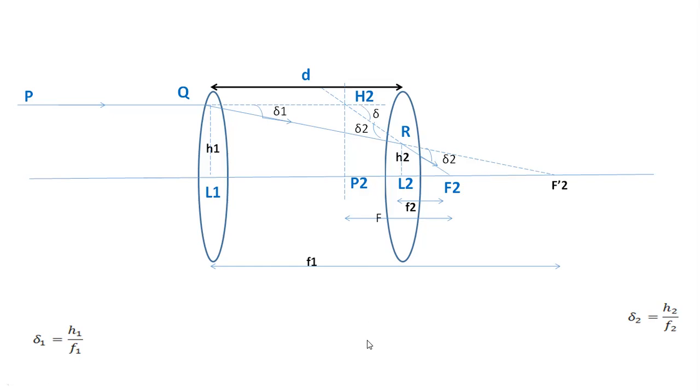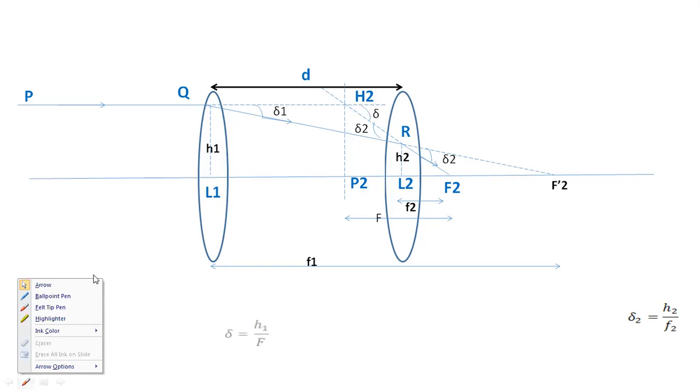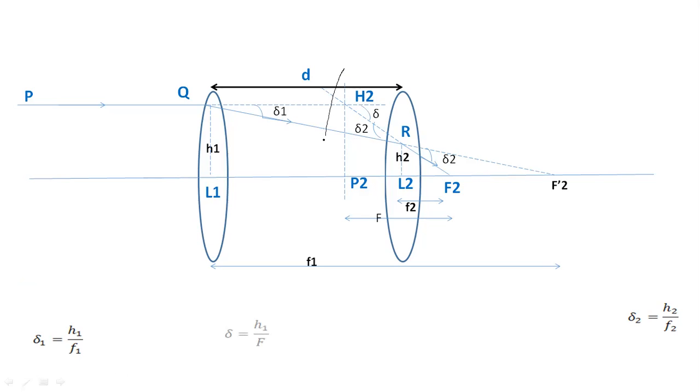Now let us imagine we have an equivalent lens, which replaces lens L1 and lens L2. It's called the equivalent lens. It's a combination of L1 and L2.